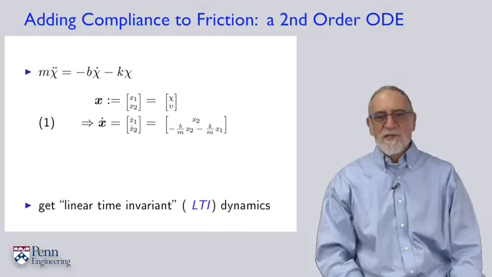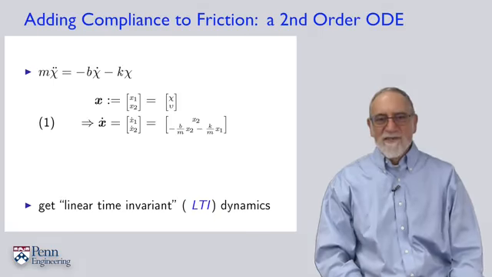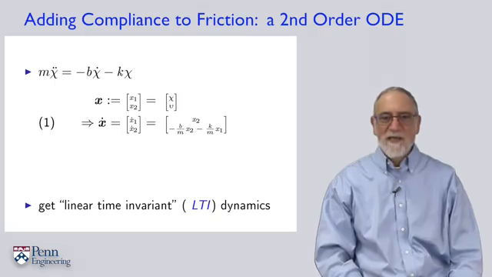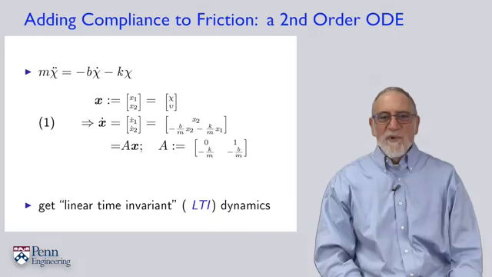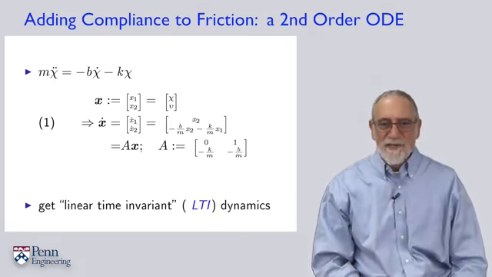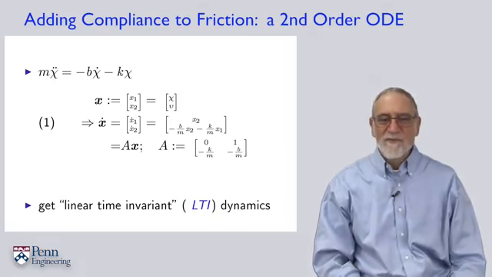So equation 1 shows that the second-order scalar differential equation can be replaced by a first-order 2-dimensional linear time invariant, or LTI, dynamics. Now, I'm going to rewrite the right-hand side of that first-order 2-dimensional equation in matrix vector form.